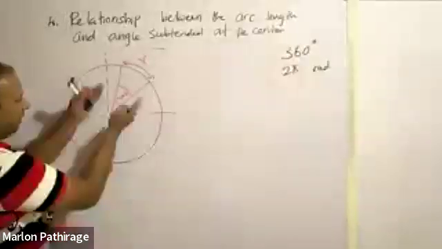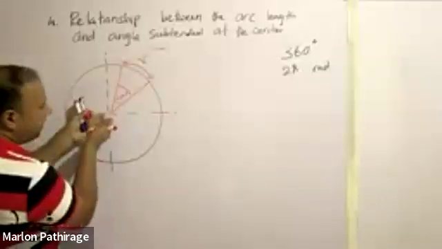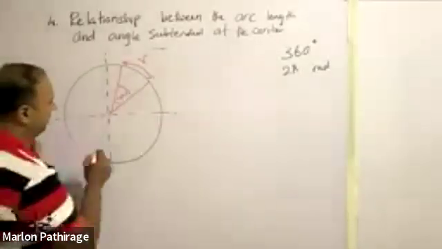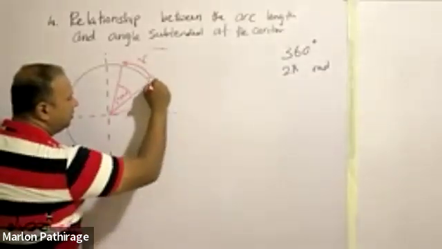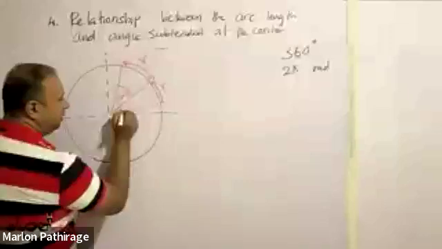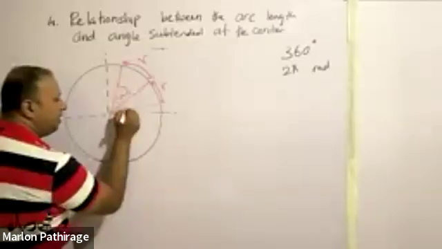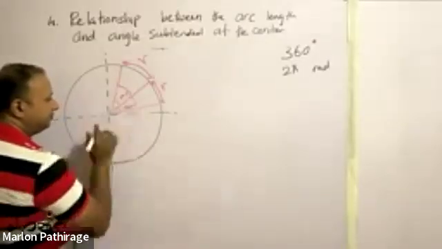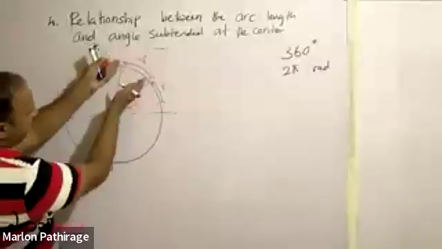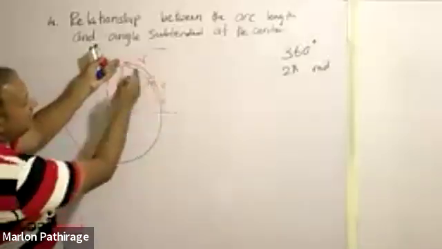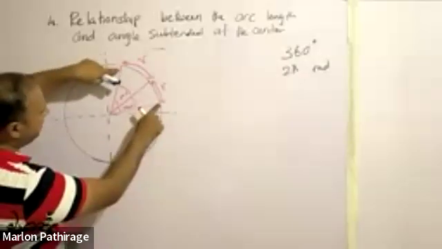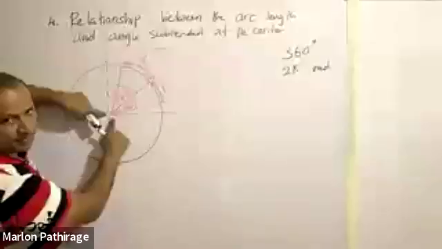If we consider another radius length, there is another subtended angle equal to 1 radian. Therefore, the arc length equal to 2r subtends 2 radians.